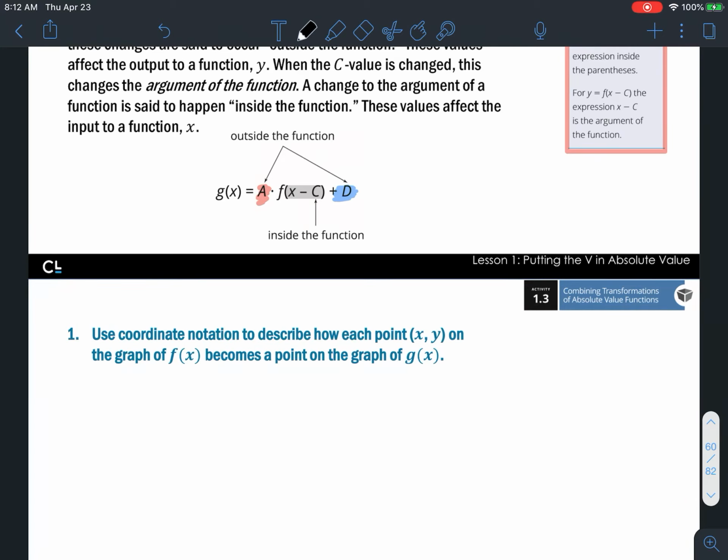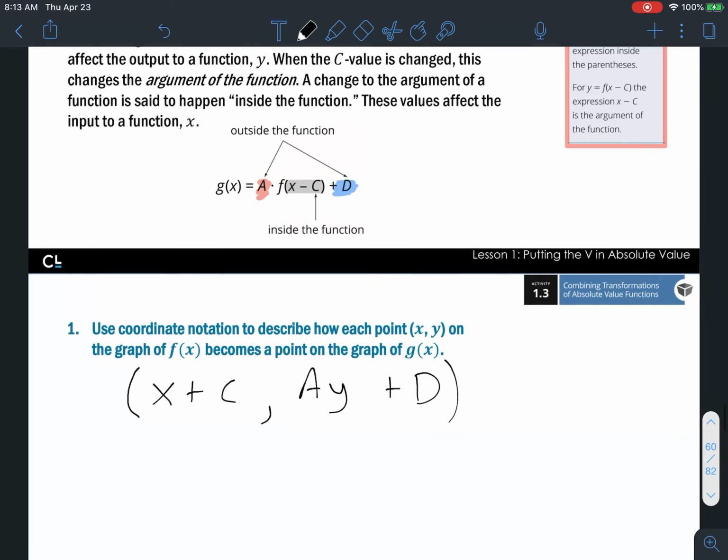Since it's a minus c, we have to do a plus c. So the points would be x plus c, comma, a y plus d. If it's inside the parentheses and it's a minus, we do a plus. If it's a plus, we do a minus.